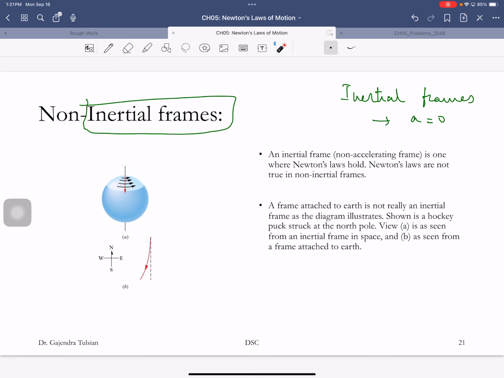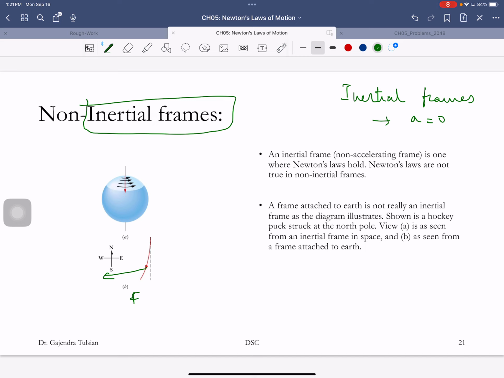Okay? So Santa Claus is attached to a non-inertial frame, and he's seeing that there's no force acting on the puck, but it's being deflected. Okay? And so he believes in Newton's laws, and so what does he do? He says, oh, there must be a force acting on it. That's a fictitious force.